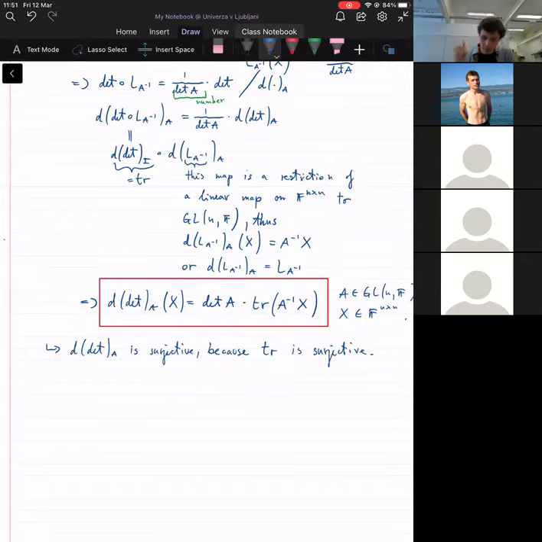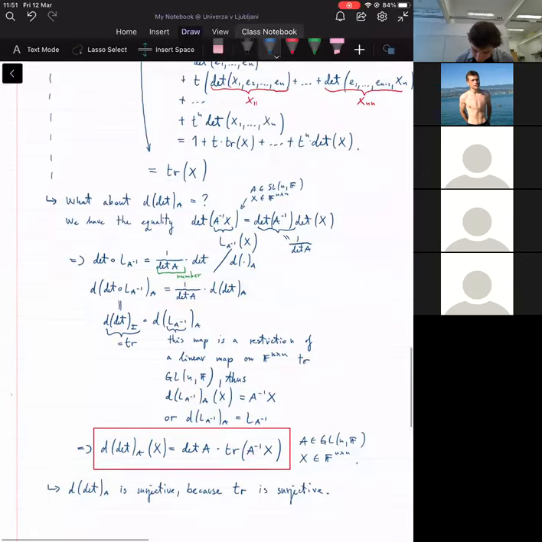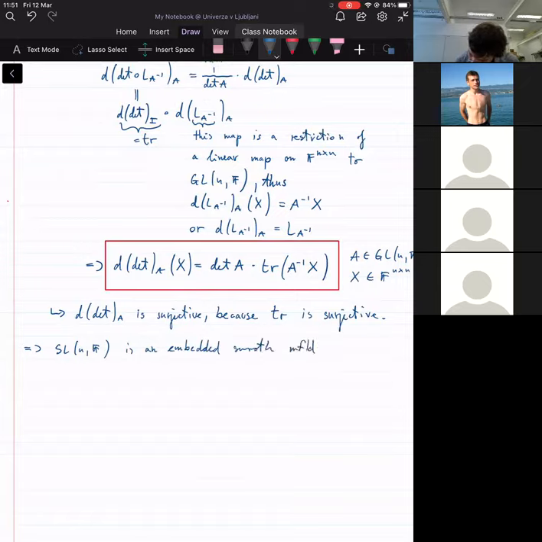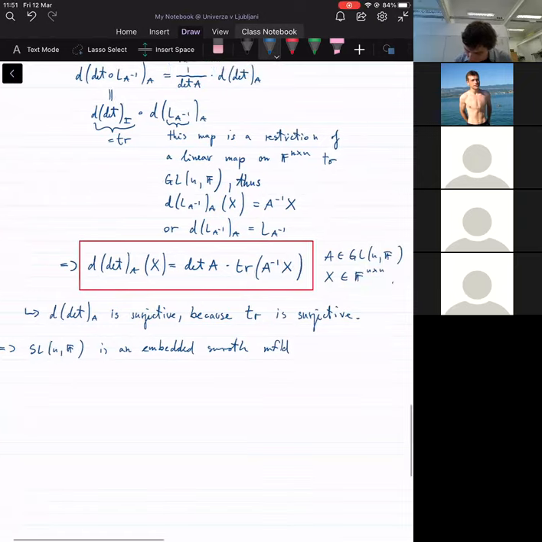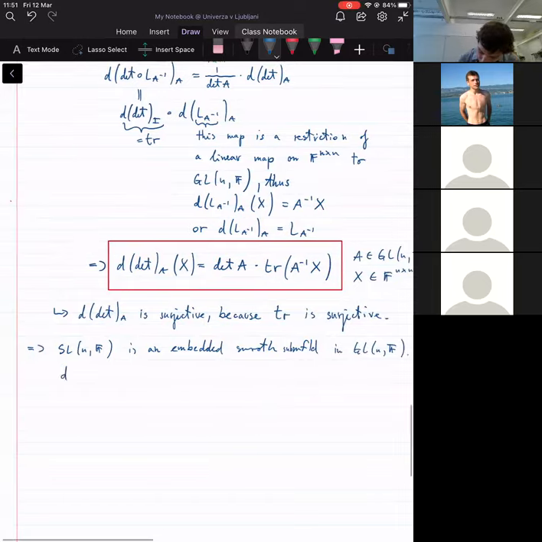Okay. So this immediately now implies that this SL_n F is an embedded smooth manifold, so a submanifold in GL_n F. What is its dimension?